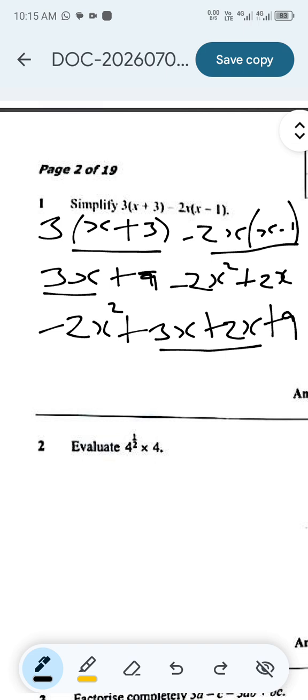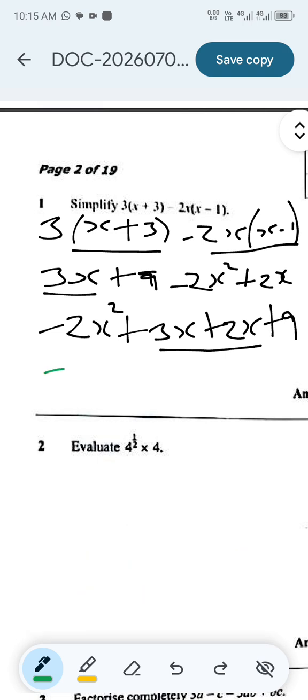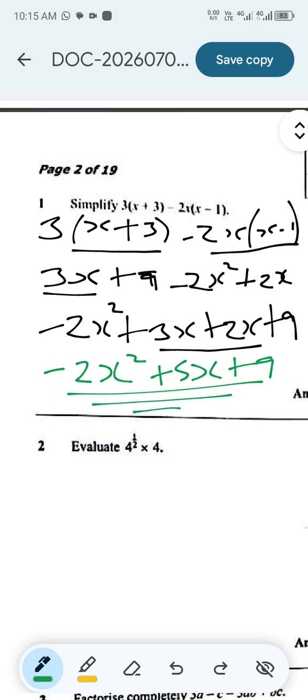There is a power difference there. So we are going to have negative 2x squared, then positive 3x plus 2x, that's positive 5x, and then plus 9. This is going to remain as the final answer in this regard.